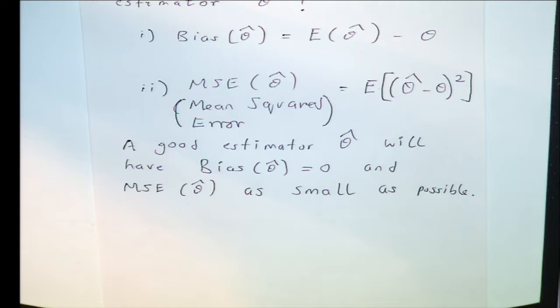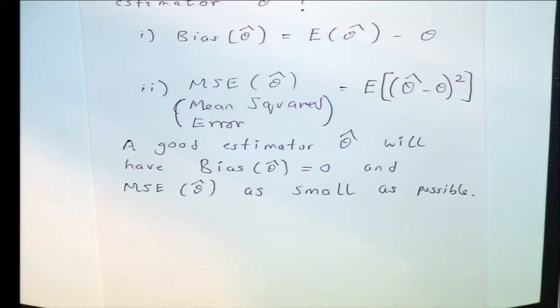So for example, if you return to this example here, I have listed three possible estimators. What you can do is compute the bias and the MSE for each of these three estimators and choose the one that has bias equal to 0 and the MSE as small as possible. And that will be the best estimator for theta.